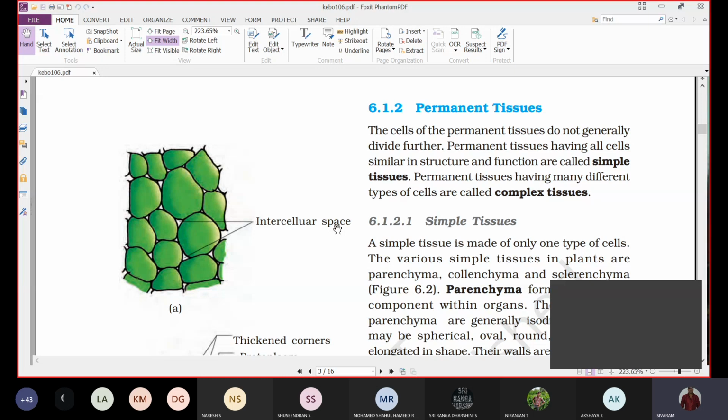All these tissues are formed from a primary meristem, that is, it may be the apical meristem or an intercalary meristem.